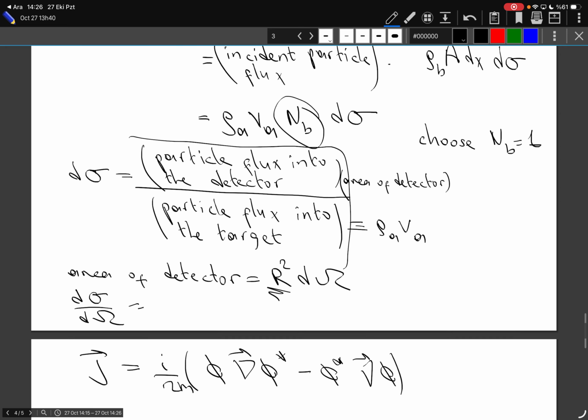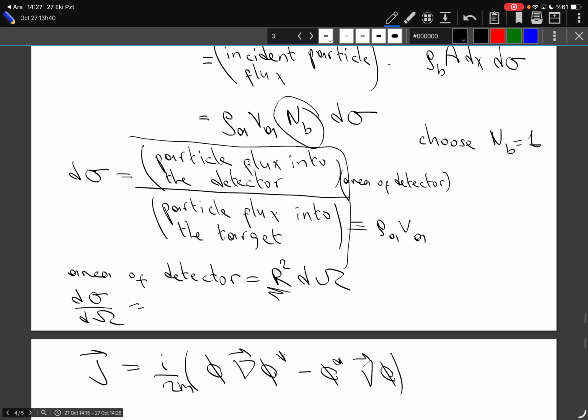Now, if we are talking about just a single particle, then the flux will be just the probability. You just send one particle, with some probability it will scatter in this direction, with some probability it will scatter in some other direction. So this flux will be just a measure of probability in that case.